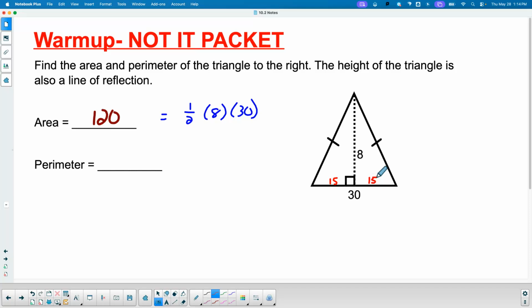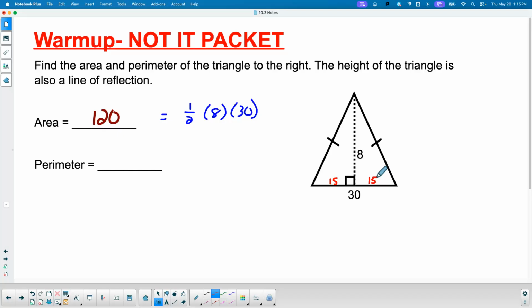That's the only thing that the line of reflection does for us. We didn't need it for the area, right? We didn't need it for the area because we had the base and the height. I get it.